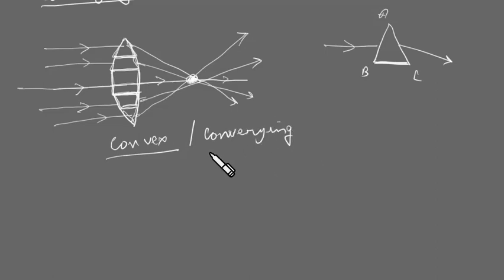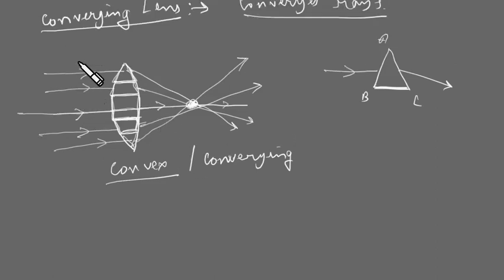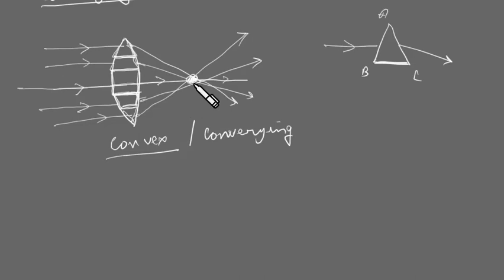Now when the ray is a paraxial ray, they all converge to a single point, and this point is called the focus of the lens, F.